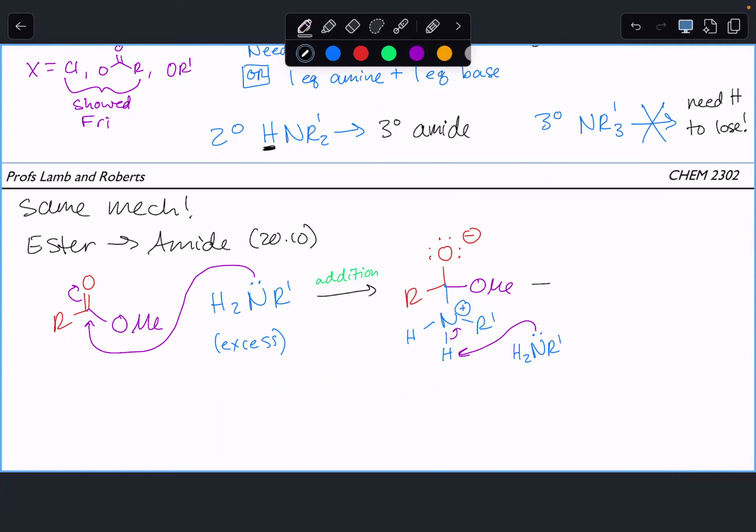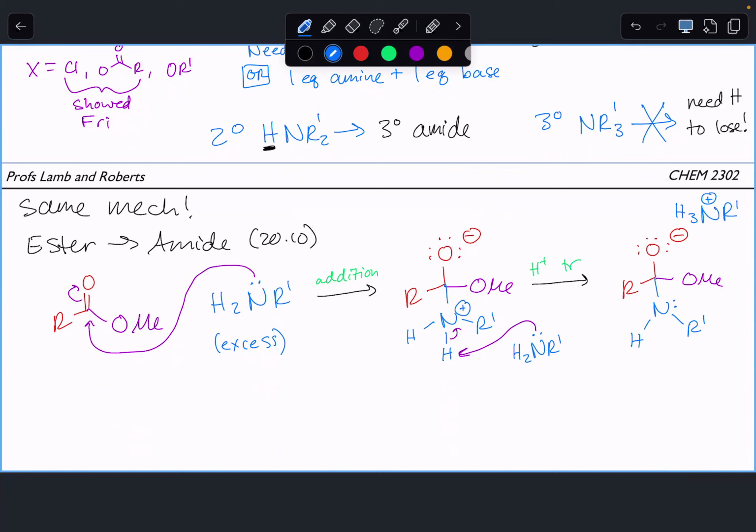So this is a proton transfer step. We now still have a tetrahedral intermediate, but our incoming nucleophile is no longer positive. So that's good. Now our counterion is this ammonium.